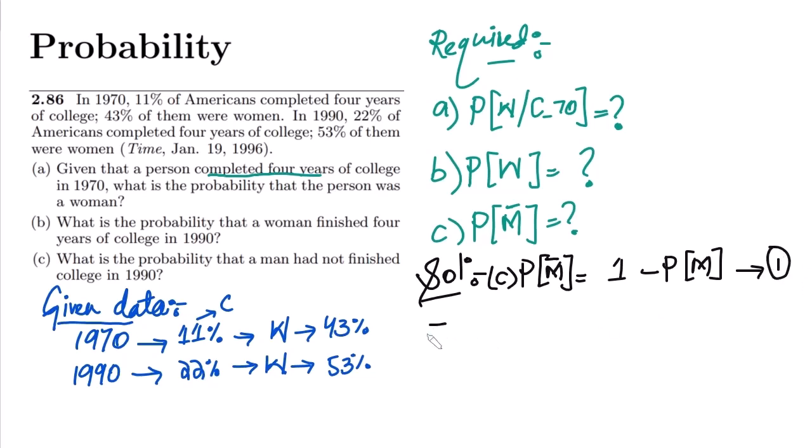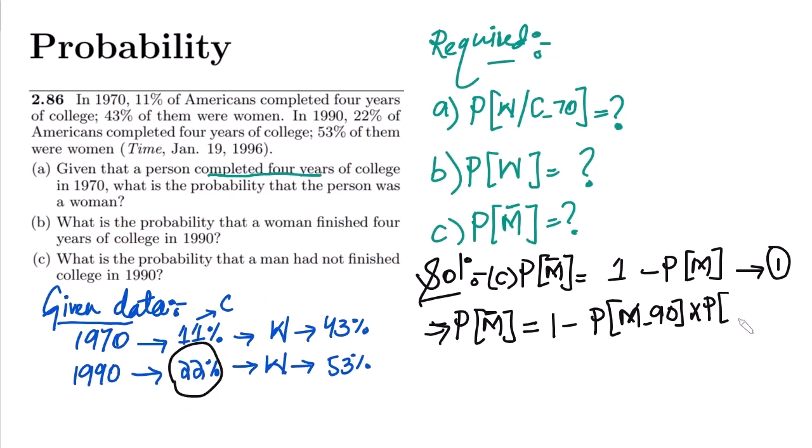Okay, now here we can also see that the probability that a person has not completed his degree in 1990 is equal to 1 minus the probability that a man has finished his degree in 1990. Okay, probability of male in 90 multiplied by the probability of the total completion in 1990, and that is 22%, which is given here, and that is basically the probability of passing a college degree in 1990.